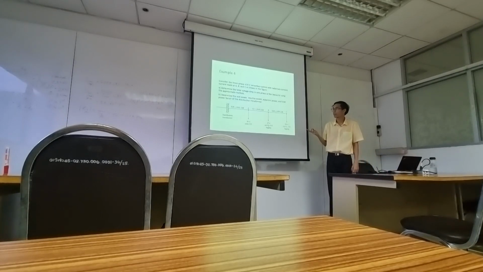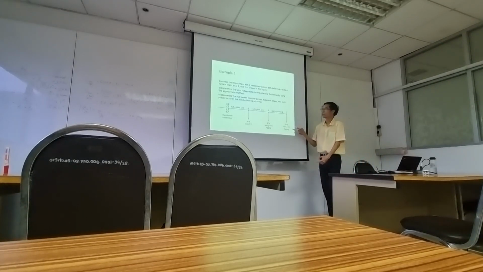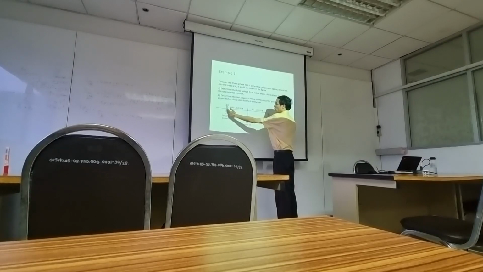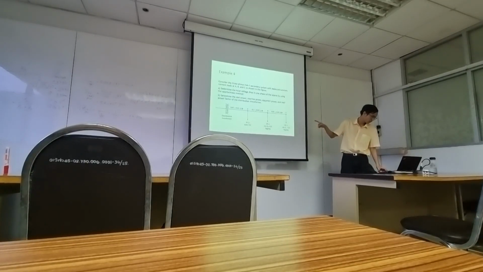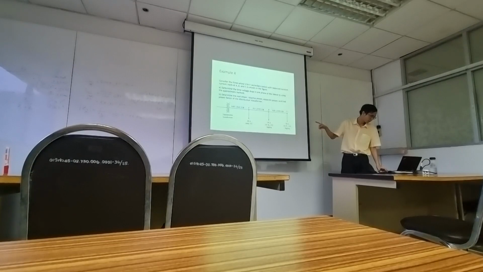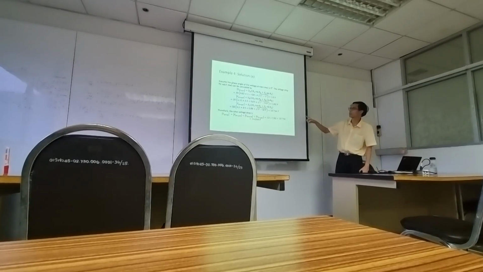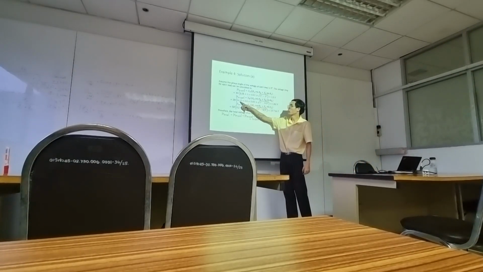What is R and X for B? B is here, so R should be this one plus this one, and X should be this plus this. So R would be 0.15 and X is 0.03.